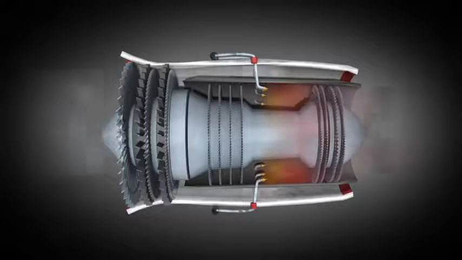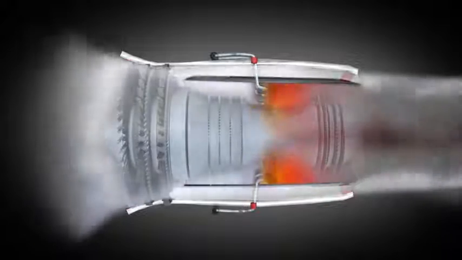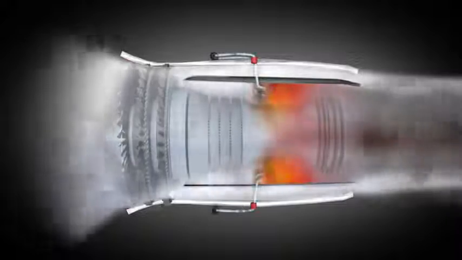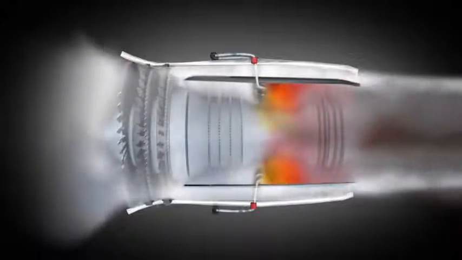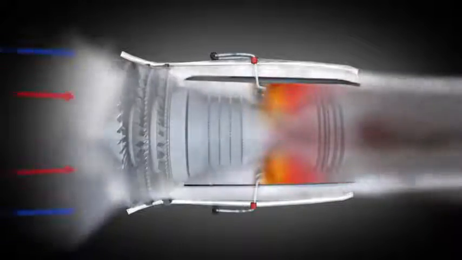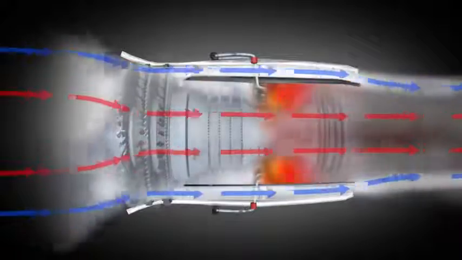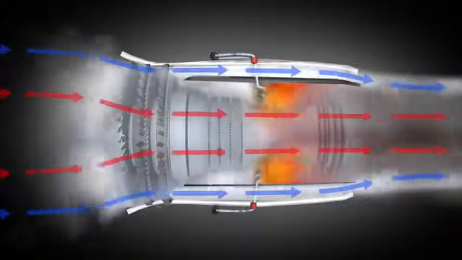The air is sucked in from the front into the turbine by the blades of the rotors, accelerated and compressed thanks to the stators. The air is then divided into a bypass airflow, marked in blue, and a core flow, marked in red. The bypass airflow goes past the core engine and is not used for the combustion of the fuel.